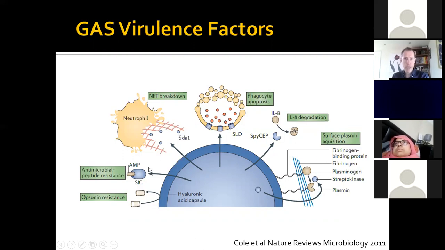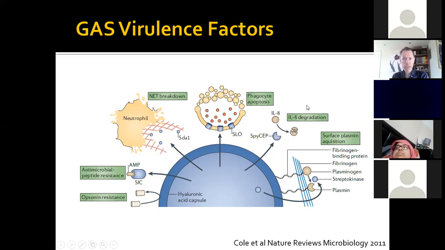So for example, it can produce molecules which actually neutralize the host defense proteins that should be killing the bacteria. It can break down structures called nets that are released from neutrophils to try and trap the bacteria. It can produce pore-forming toxins that actually directly kill phagocytic cells.